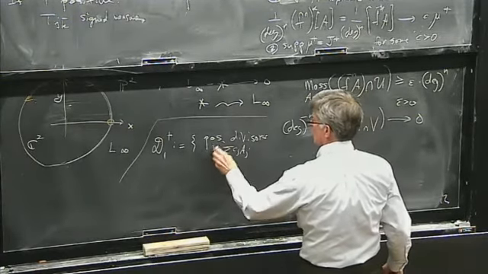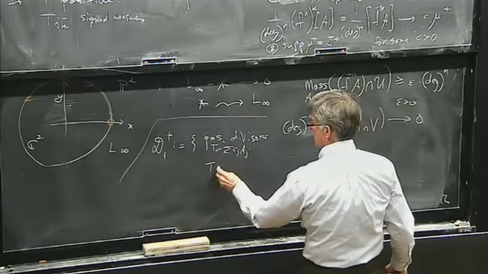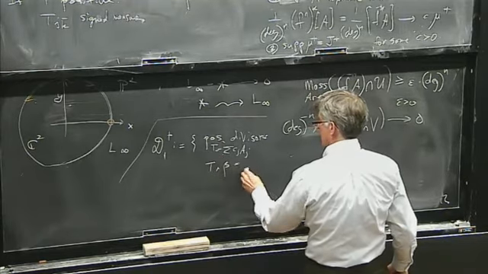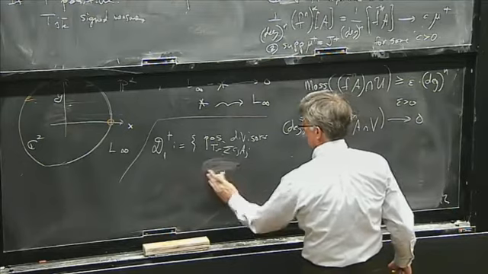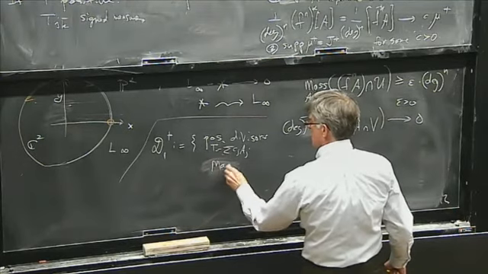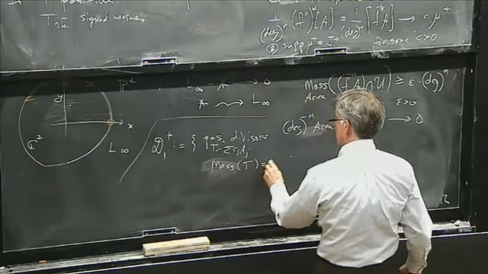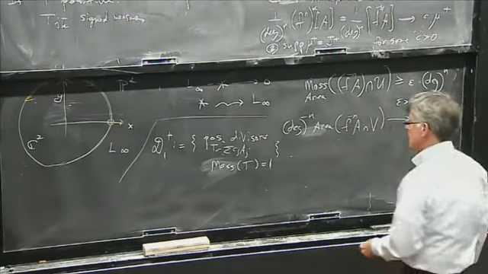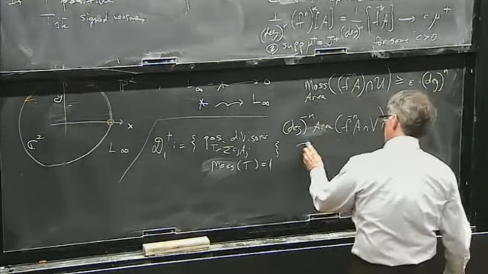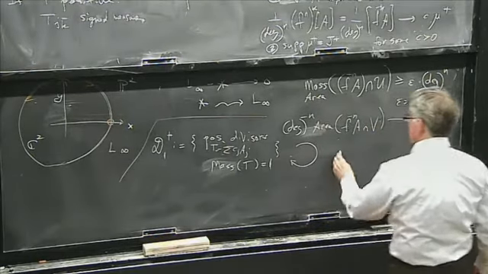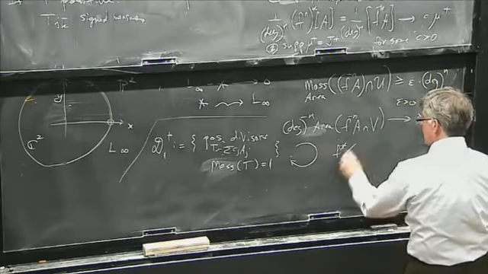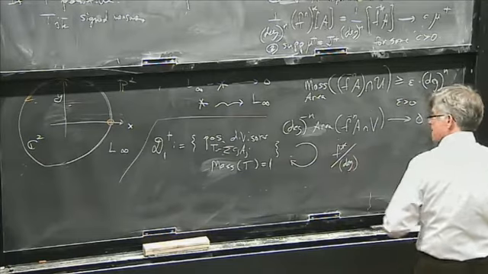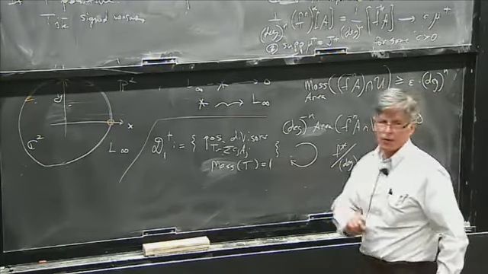So I'll call that T wedge beta, with the mass of T being 1, in other words, weighted area being 1. Then if I look at the mapping that is pulling back by F star and dividing by the degree, that maps this thing into itself.